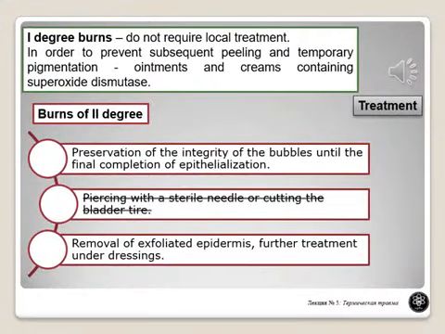Let's try to talk specifically about the treatment of a burn wound. First-degree burns in most cases do not require any local treatment. To prevent subsequent peeling and temporary changes in pigmentation, ointments can be used, which also ease the general condition of the body. Any ointments or creams containing superoxide dismutase will allow you to get through the first-degree burn stage quickly.